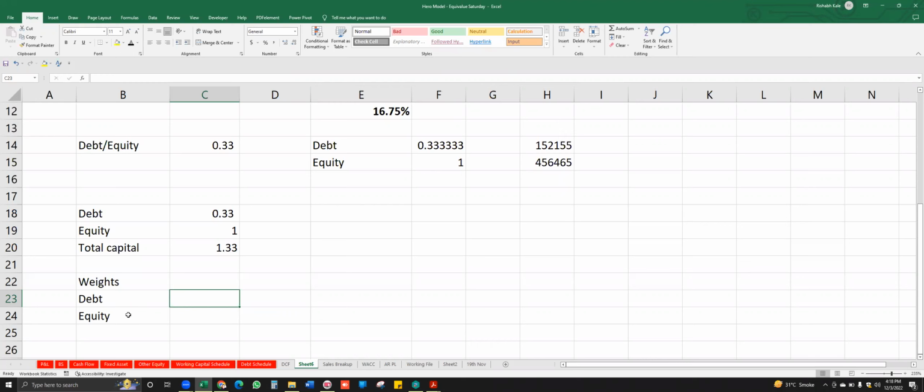If I give you, let us say my debt to equity was 0.5. I'm assuming my debt to equity was 0.5. Help me find the debt weights. Tell me what will be the weights. Your calculation, tell me. If I say my debt to equity is 0.5.